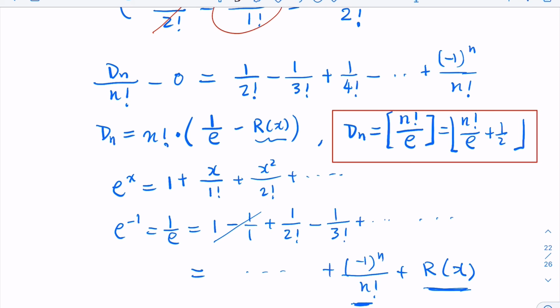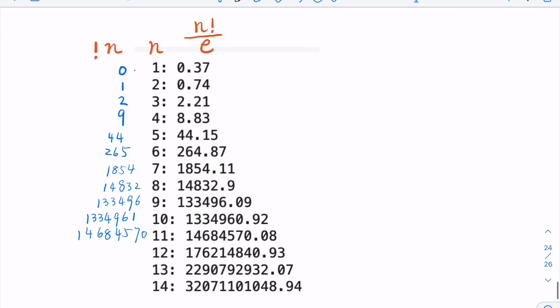Now, how accurate is this? Yeah, let's try a few different numbers here, okay? So we use a computer program to calculate this number here, right? This term here, we're saying that it's going to be a fraction because there's a remaining term here.